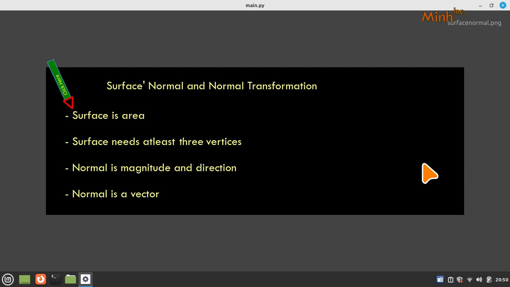Surface is an area. Surface needs at least three vertices. If three vertices are available, then it is a surface, whereas a normal is a direction.